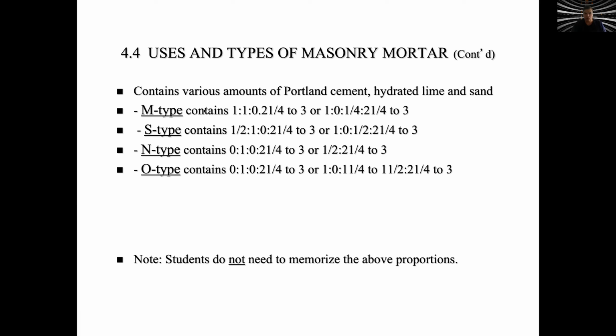An M-type mortar may have 1 part of Portland cement, for example, 1 part of hydrated lime, and 3 parts of sand. And those proportions will change. You don't need to memorize the proportions because you can find them easily on the internet.